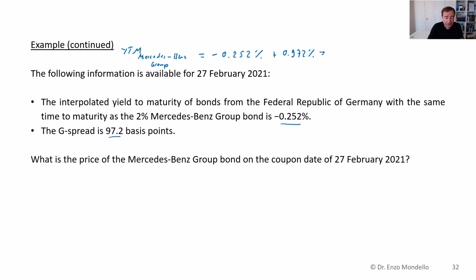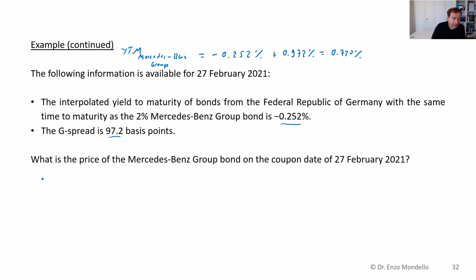If you enter the figures in your calculator, you should obtain for the yield to maturity of the Mercedes-Benz Group bond 0.720%. The time to maturity of the Mercedes-Benz Group bond is 10 years.